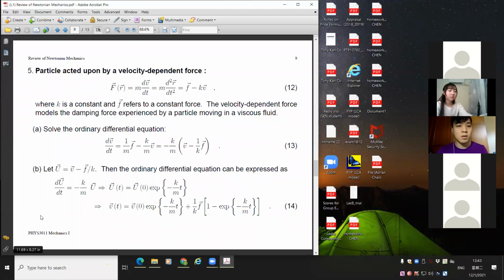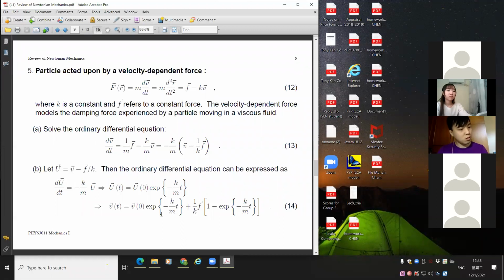But now you are a university student. You solve it from another perspective. You differentiate this function once, you get it back. Only one choice, exponential function, right? So you introduce an exponential function as a trial solution, and then fix this constant k over m here.